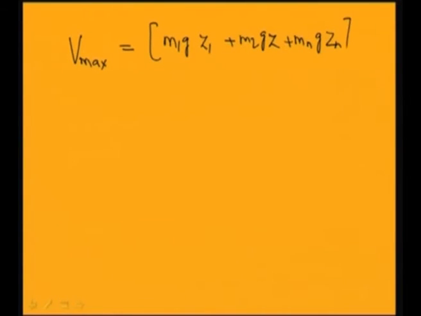So, V max will be equal to m1 g z1 plus m2 g z2 plus up to mn g zn. This way we can write the kinetic energy and the potential energy of the system.